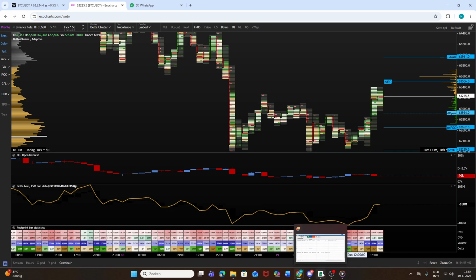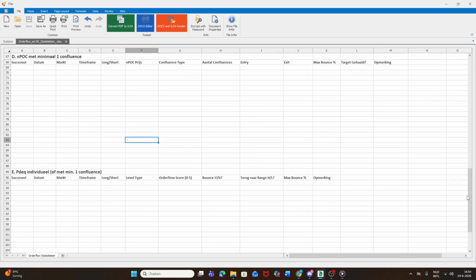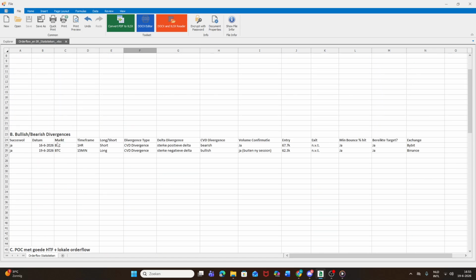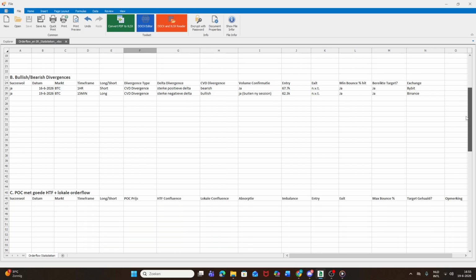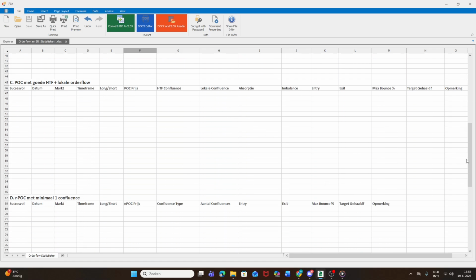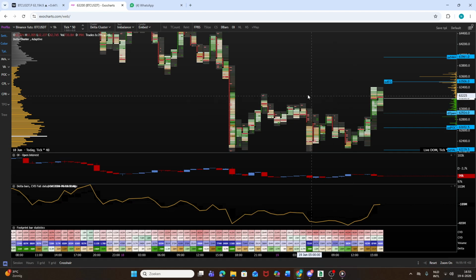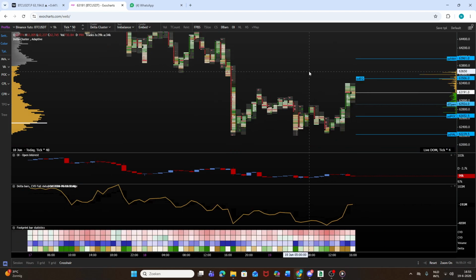I just started like a week ago or something, and I've already recorded one bullish divergence and one bearish divergence. And I'm also very interested in the previous equilibrium, which I will also record. So this is a new file of statistics, which I will record from now on. So that'll be very interesting.